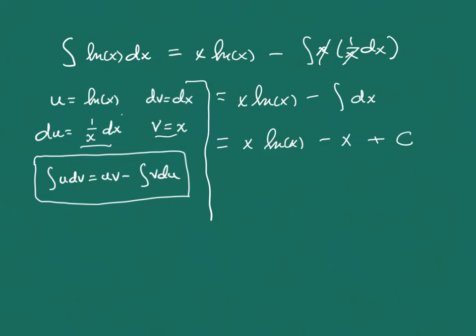And so with that one, we've actually found a formula now for the integral of natural log. And so what this gives us then is the integral of natural log of x is x times the natural log of x minus x plus our arbitrary constant.